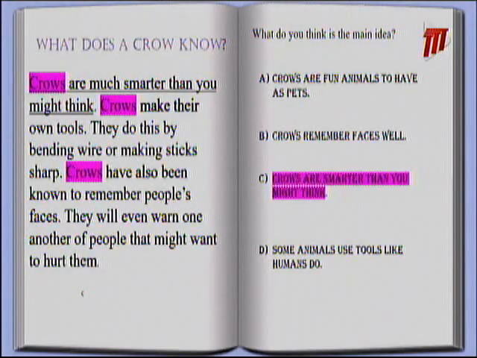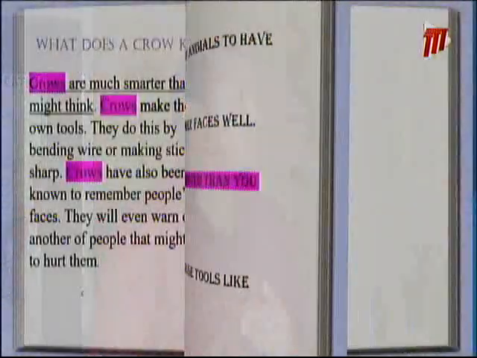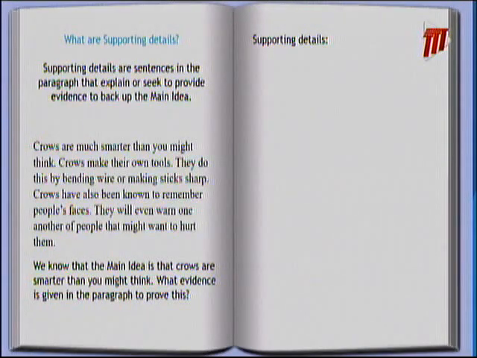Okay, so now that we've established what our main idea is, what we need to do is find proof as to that being so. So in this case, we are going to talk about our next initiative, supporting ideas. So what are supporting ideas? Supporting details or supporting ideas are sentences in the paragraph that explain or seek to provide evidence as to the main idea that the writer was going about. So before we go into this one, let's go back to our example with the bats.